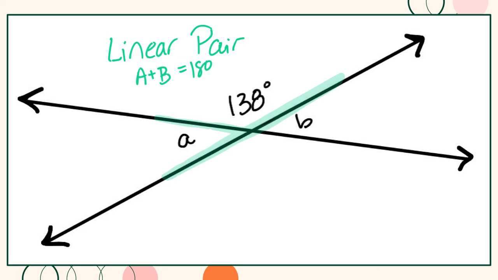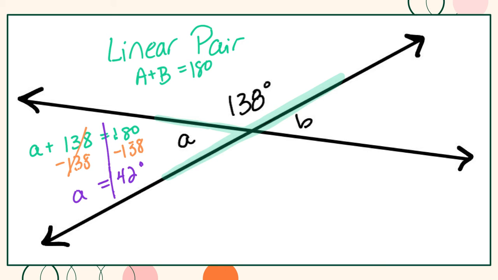So I'm going to say my angle A plus the 138-degree angle must be set equal to 180. I can then go ahead and solve this equation. So I'll subtract 138 on both sides. So I get A is equal to 42 degrees. That means this here is 42.